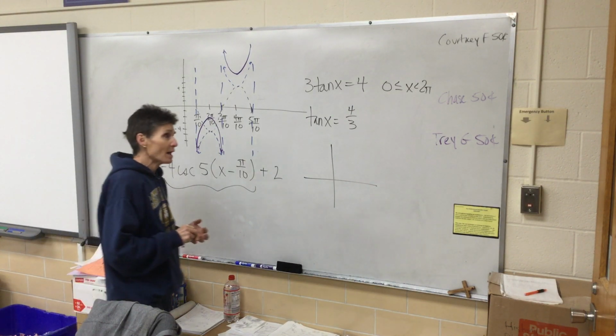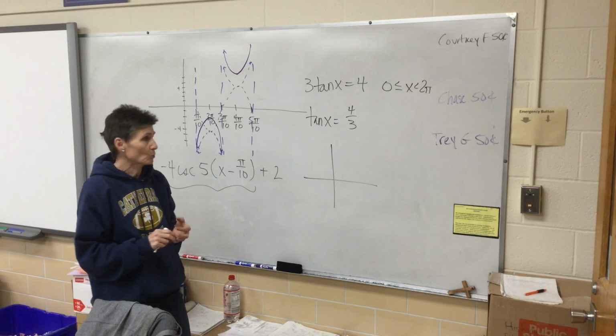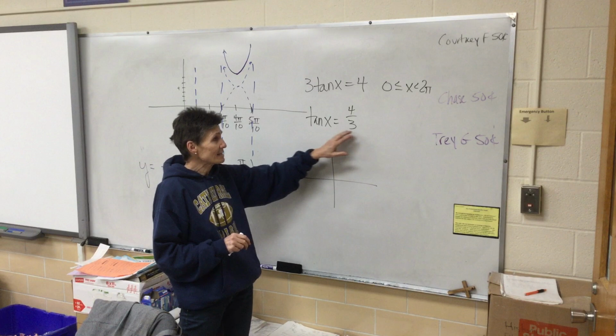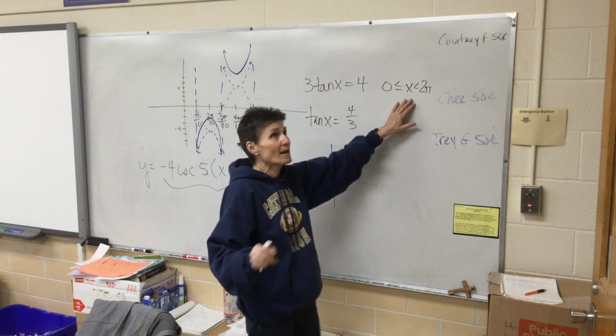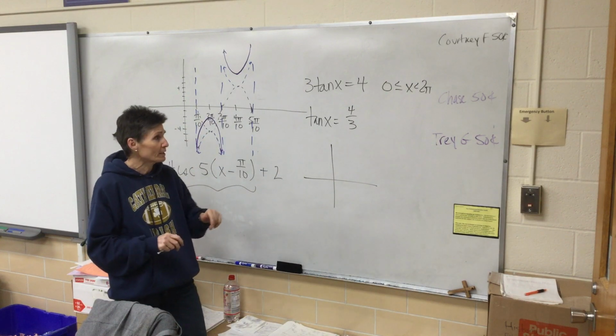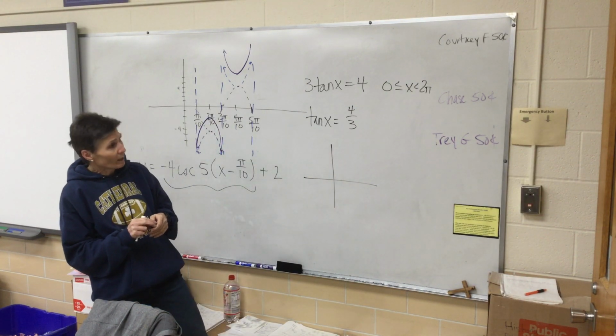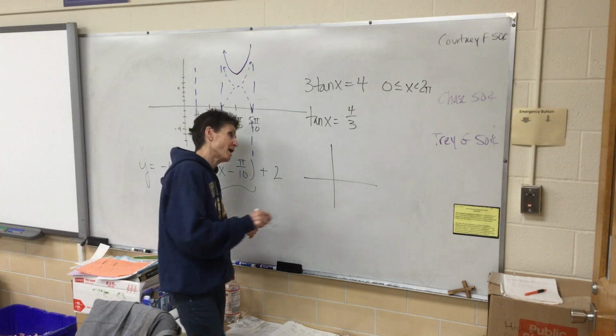However, before I go to the calculator, I want to stop and figure out where these angles are going to be. That's a positive tangent. Keep in mind your domain is all the way around the circle. We're going all the way around, one full revolution, and we need the tangent to be positive. Well, where is the tangent positive?